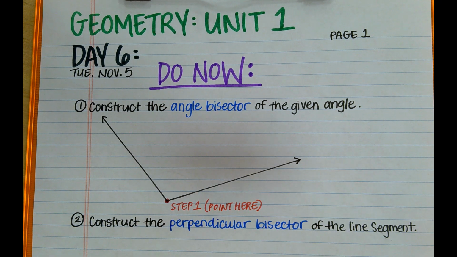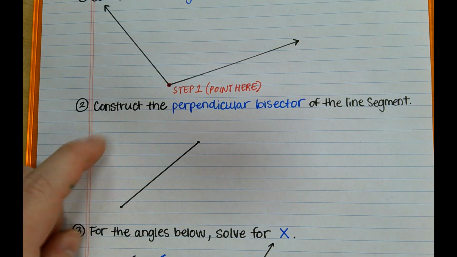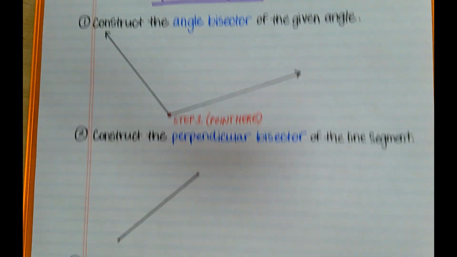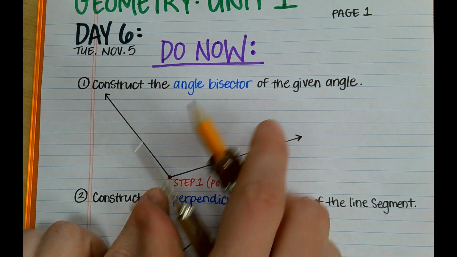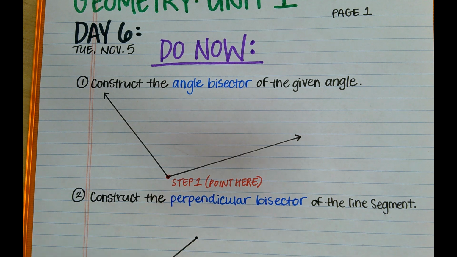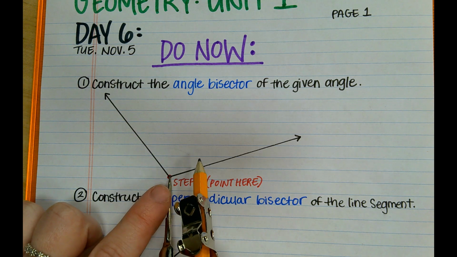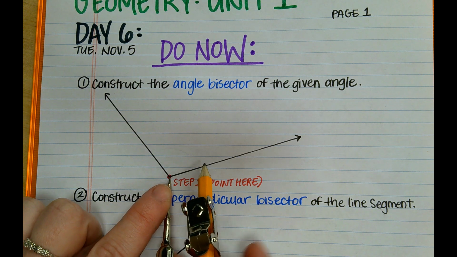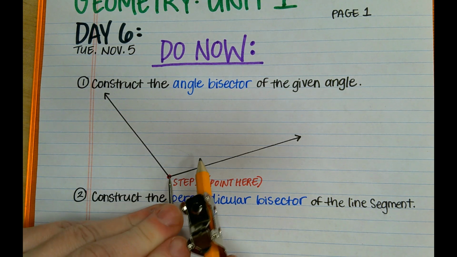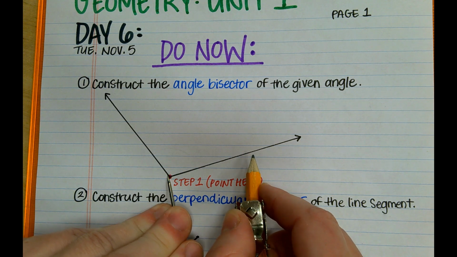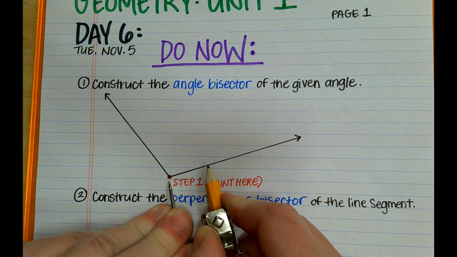The difference between making the angle bisector and a perpendicular bisector of a line segment is that we actually want to use a smaller opening. I'm going to put the pointy end of my compass right on the vertex, and I want my compass open less than half the side length.